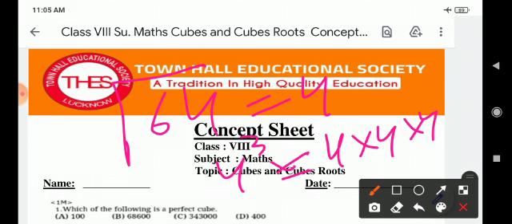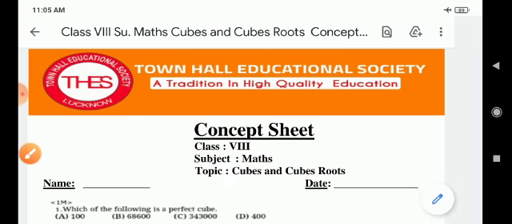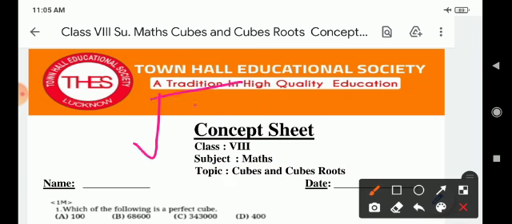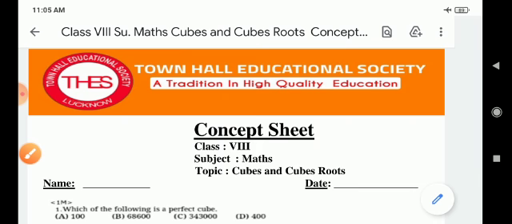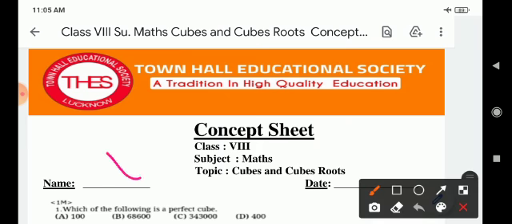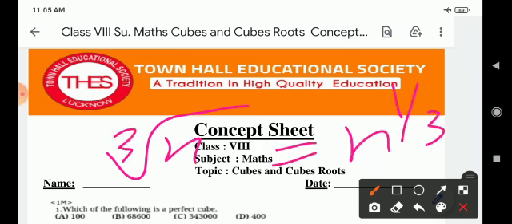In symbolic form, the cube root of 64 is written as the cube root sign of 64, that is 4. Answer is 4. The cube root of n is written as n to the power 1 upon 3.